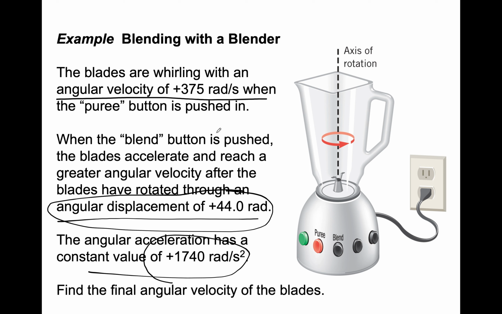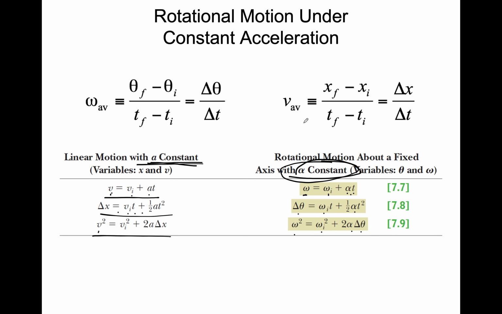After reading the question, we figure out what's given here: initial angular velocity, angular acceleration, angular displacement. It asks us what the final angular velocity is. So we need to figure out which equation contains these 4 variables. We can flash back to what we have.